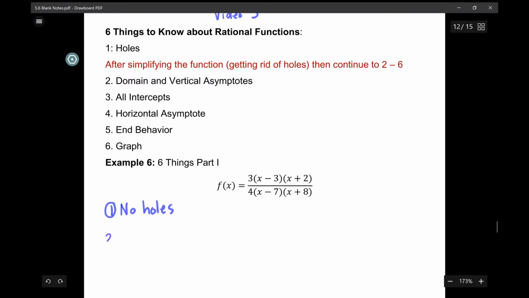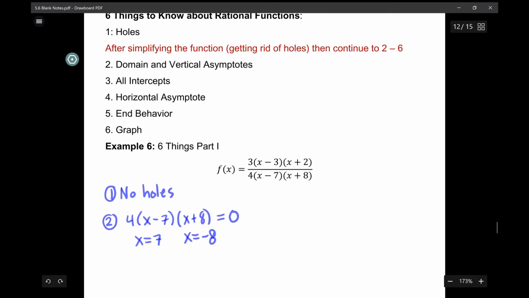Let's find the domain, okay? This is where the denominator equals 0, and this one's nice and factored for you. So we have x equal to 7 is excluded from the domain, and also x equal to negative 8. So those are my vertical asymptotes.